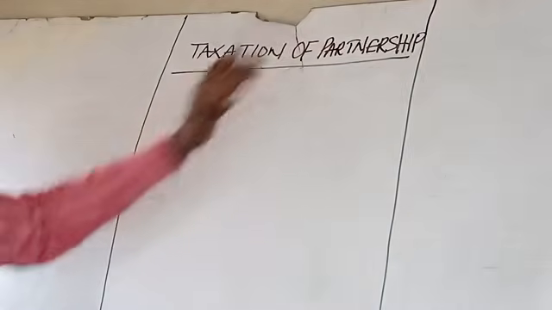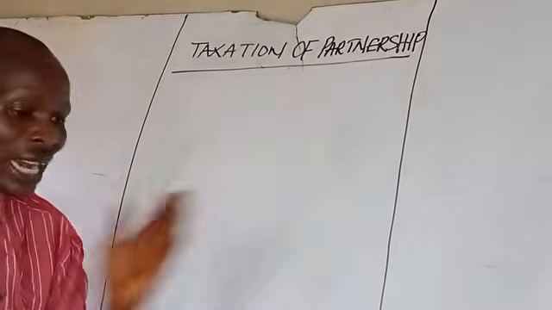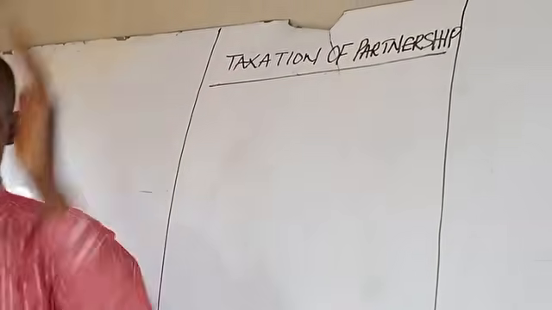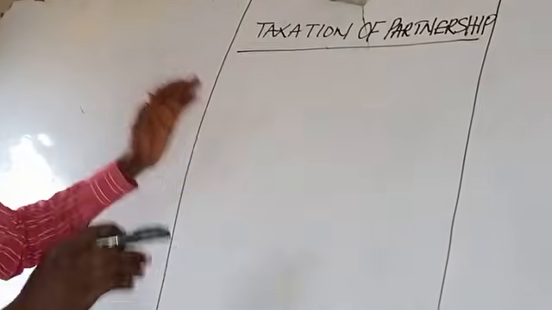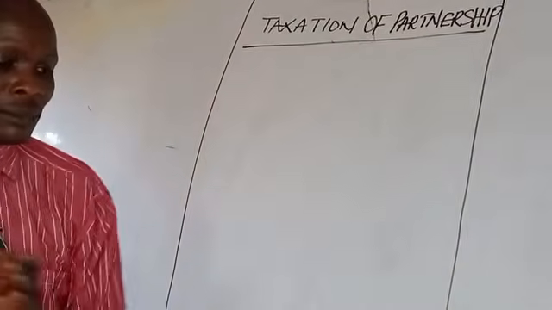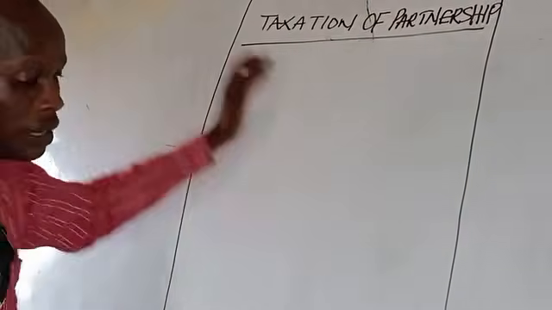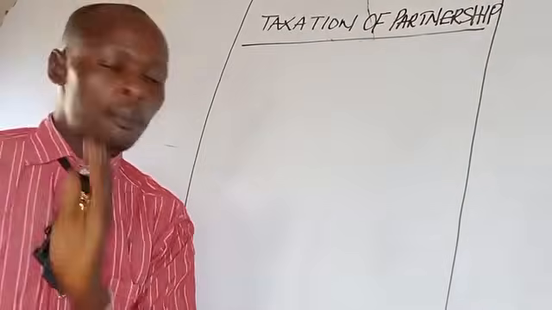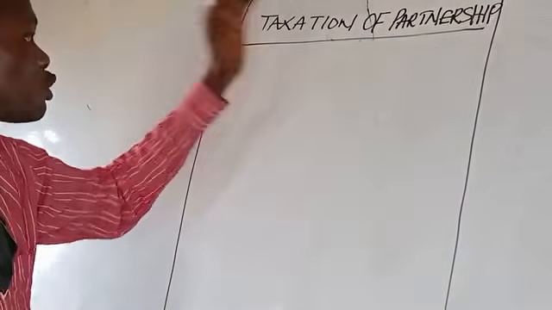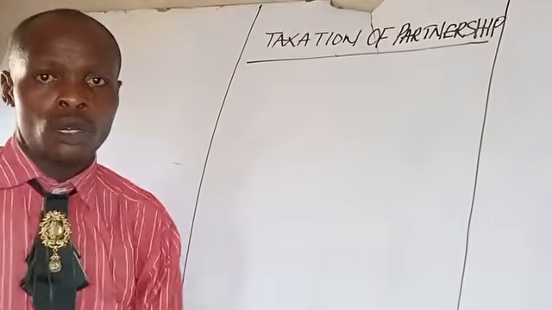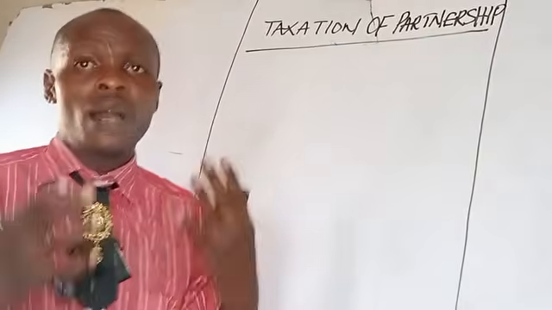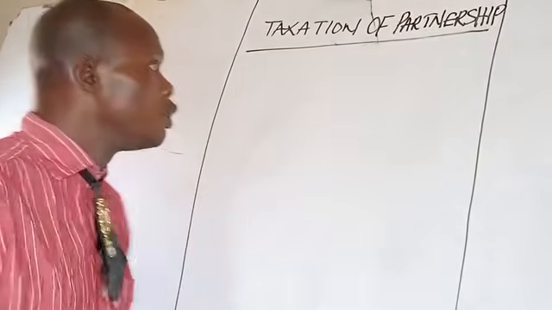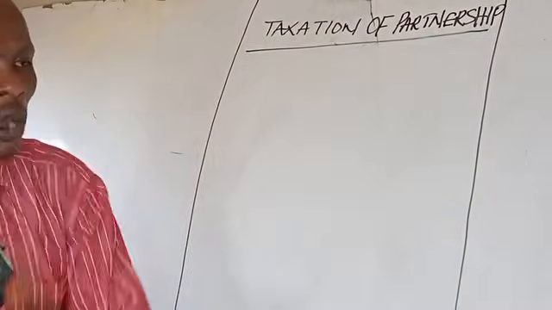What is partnership? Partnership is an association of two or more persons who come together, putting their resources together, in order to run a business with a view to making profit.